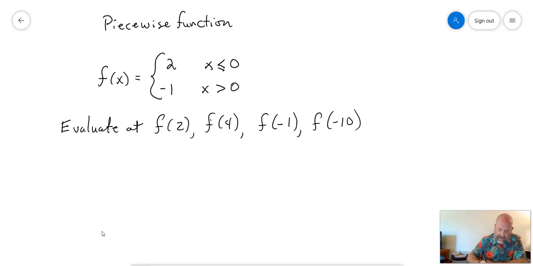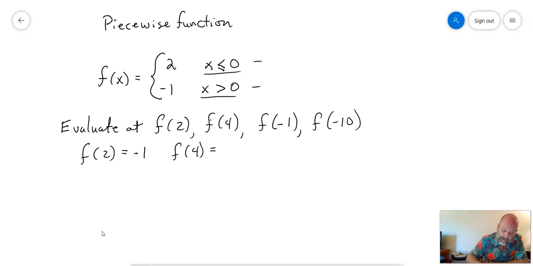So let's see how these things play out. Let's look at f of 2 first. The x value is 2, and so what we need to do is look at these two rules and see which one 2 falls into. Since it falls into the second one, 2 is greater than 0, that means this function is equal to -1.